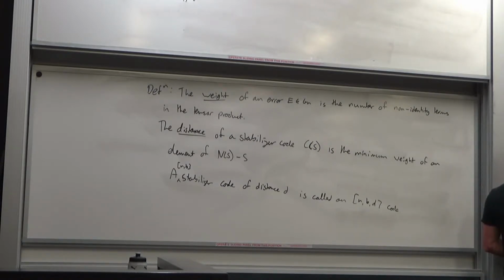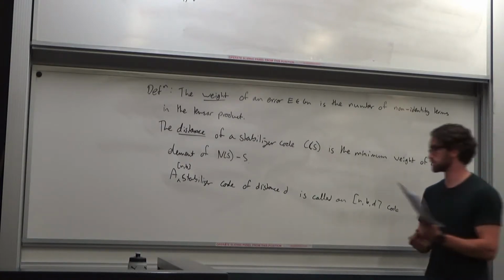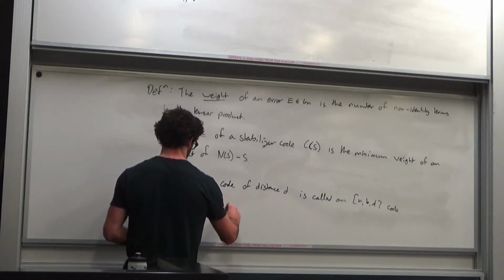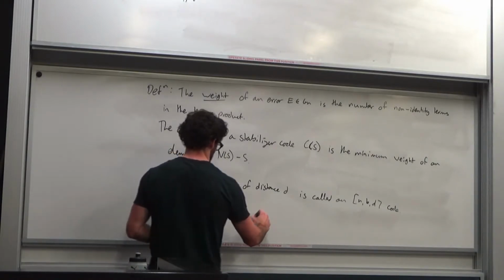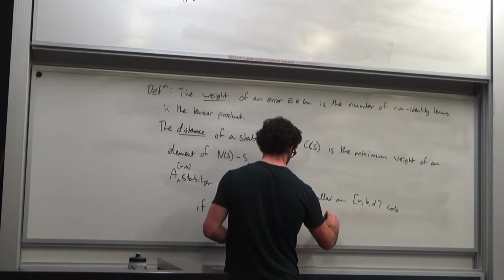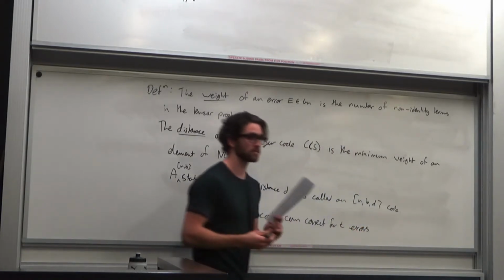And to write down S in this case, we have these stabilizers, recalling the Z operator. The distance of V is such that it can correct for t errors.